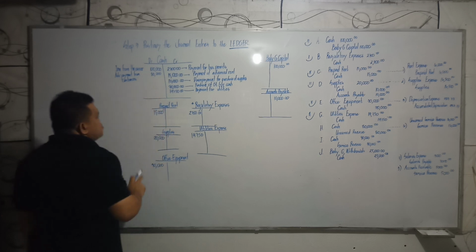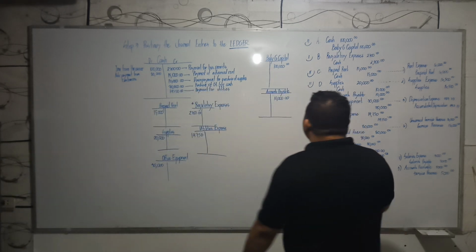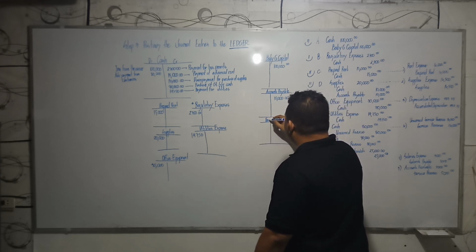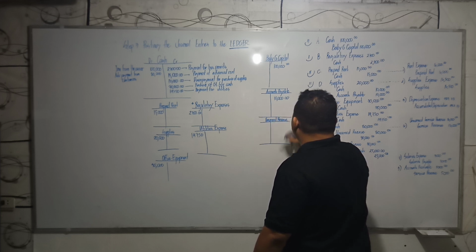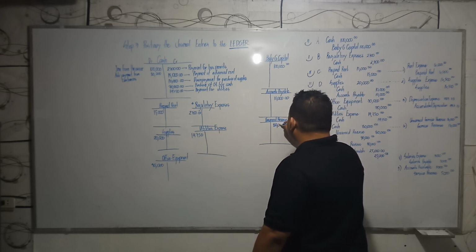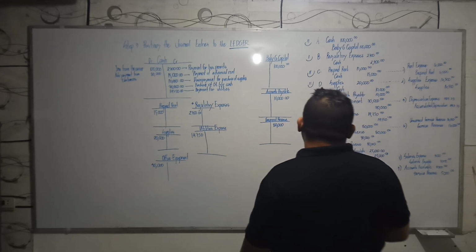Could be like that. And then, we have to credit unearned revenue. So, let's put right here, unearned revenue. So, unearned revenue is 80,000 also. And because of that, letter H is already finished.